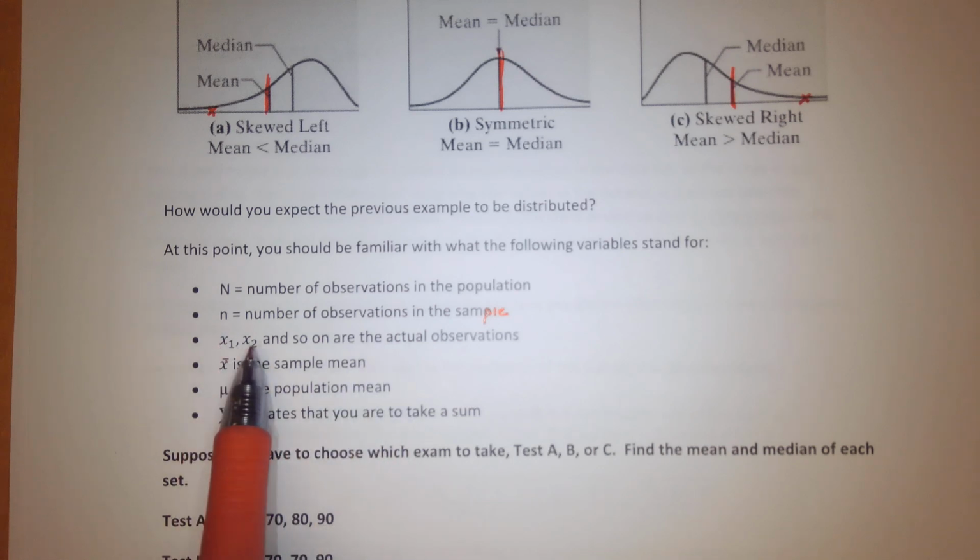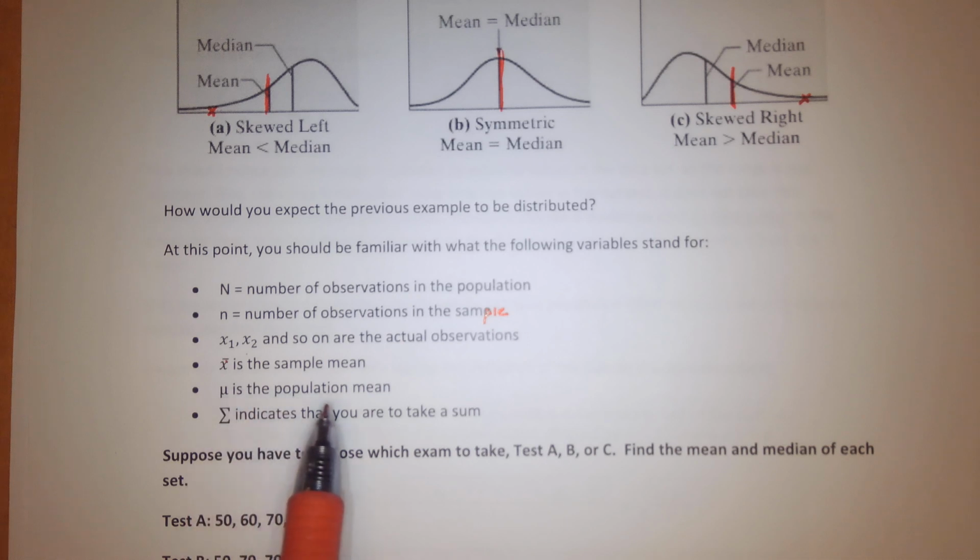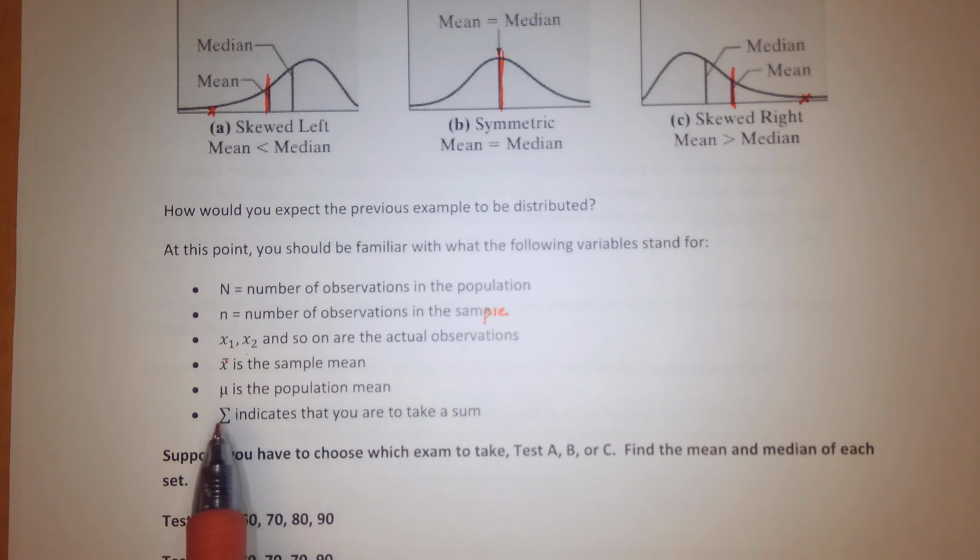This will be the first data point, second data point, and so on. Where X bar is the sample mean and mu is the population mean. Sigma indicates that we are supposed to take a sum, so you'll find this sum in the numerator of the mean formula.